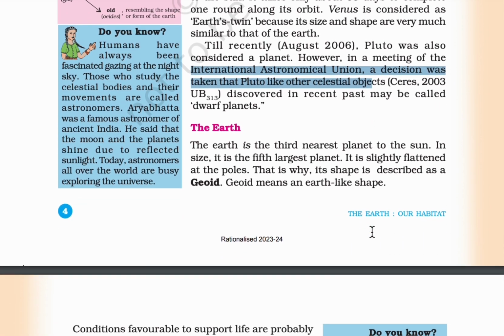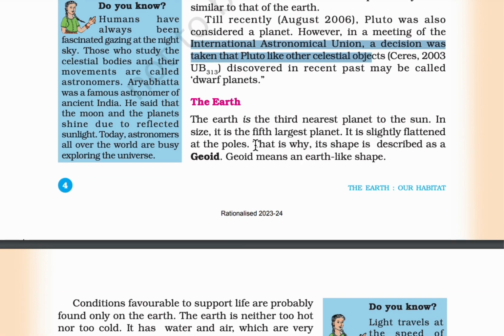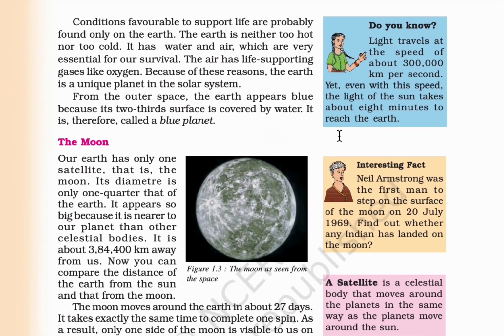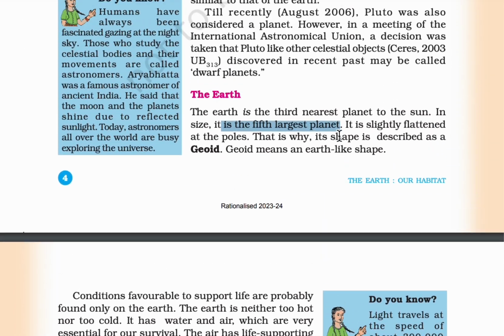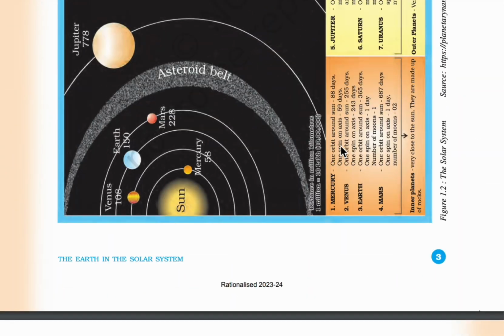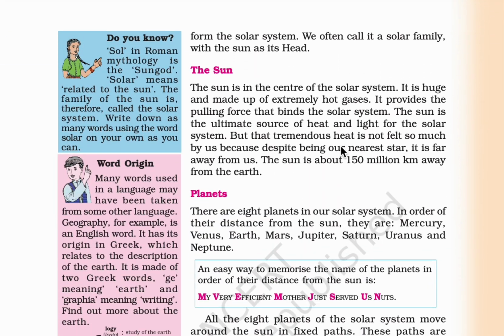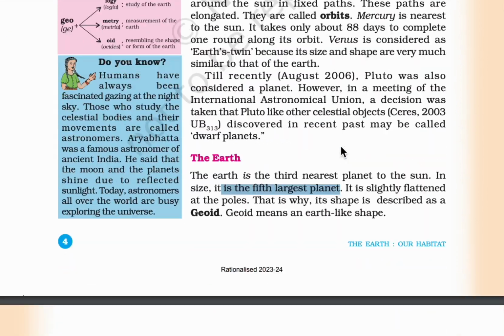Our earth is the third nearest planet to the sun, and it is the 5th largest planet. It is flat near the poles and bulged near the equator.